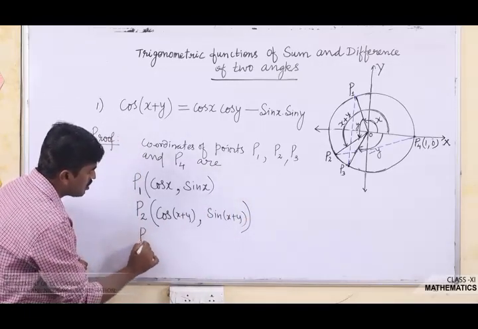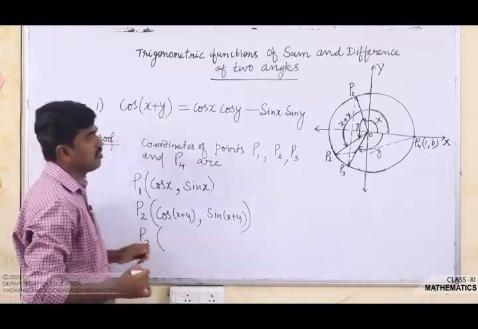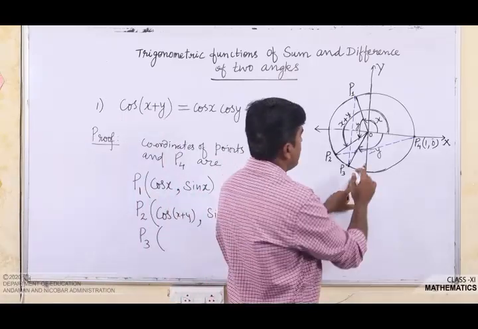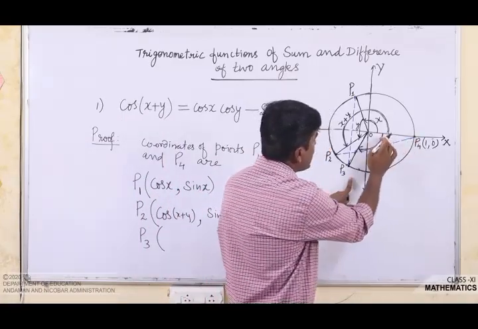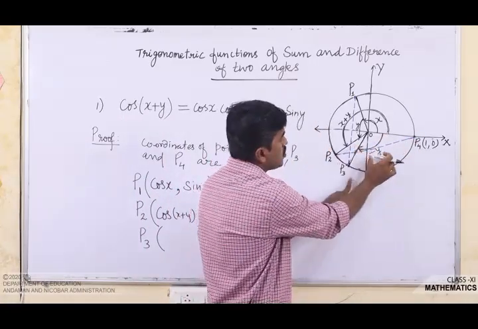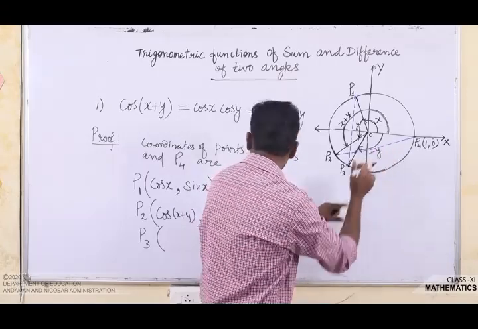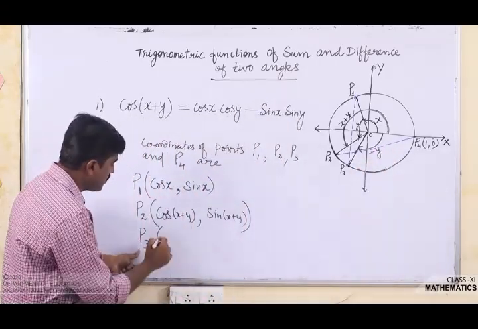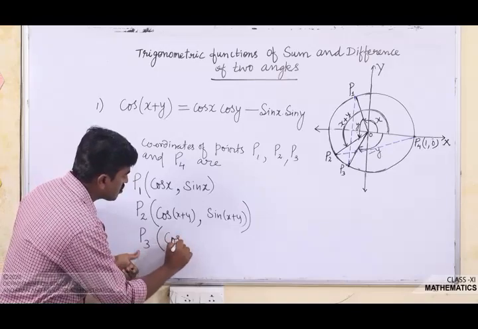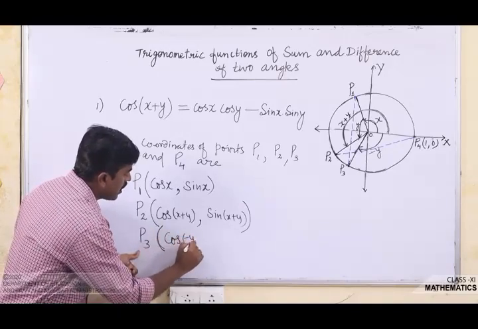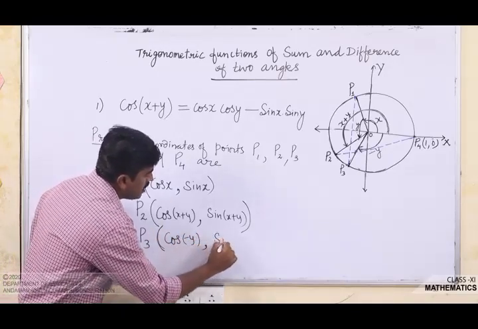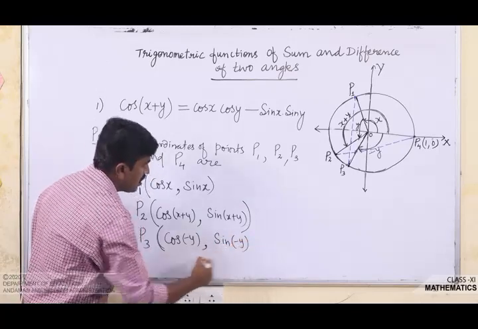Now what are the coordinates of the point P3? Here this angle is measured clockwise, so the angle is taken as minus y, so the coordinates of the point P3 can be taken as cos of minus y comma sine of minus y, okay.